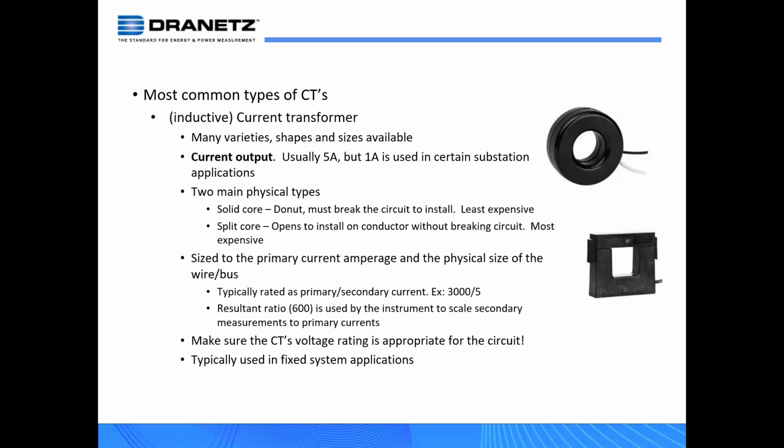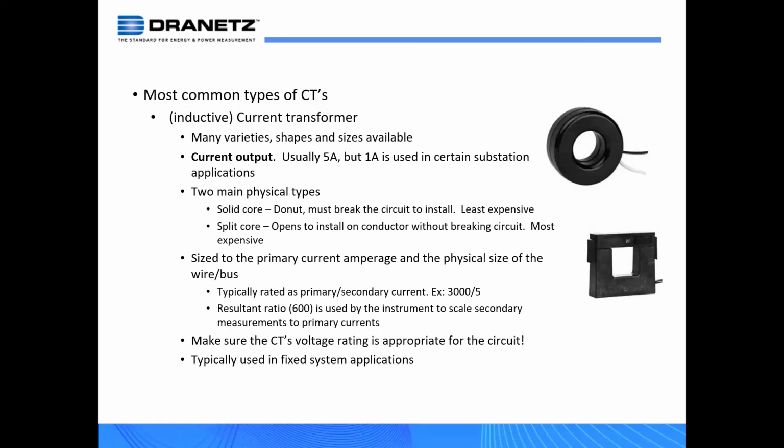You want to make sure that your CTs are big enough to go around all the sets per phase, not just one. Back in the old days, there was a very common practice in which if you had multiple sets of conductors per phase, the practice was, okay, I'll put a CT around one conductor, one set of that phase, and then just do the math to extrapolate what the current might be.